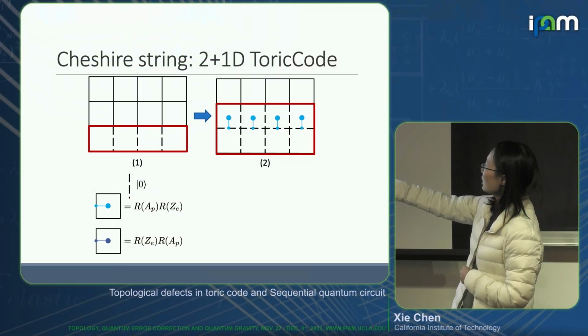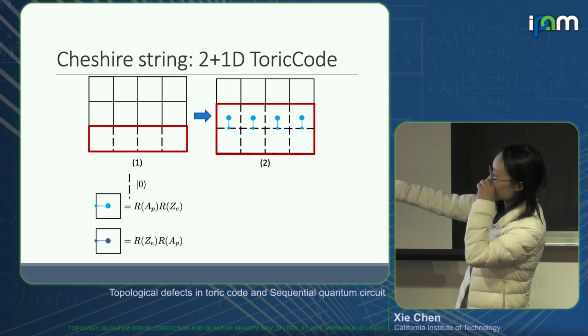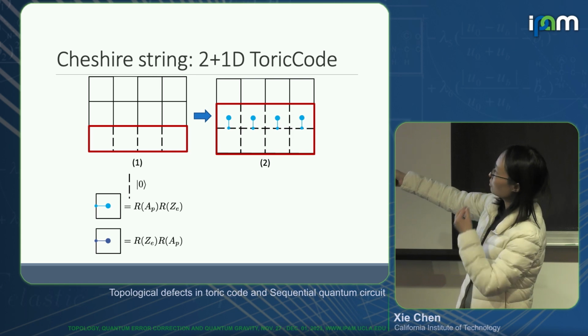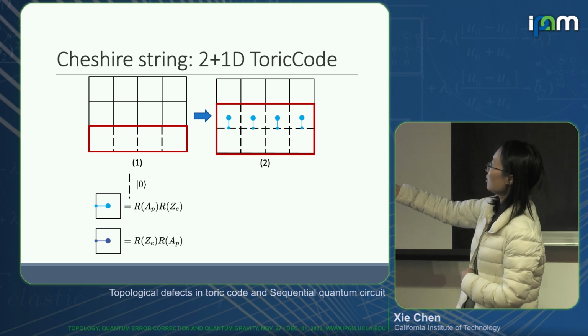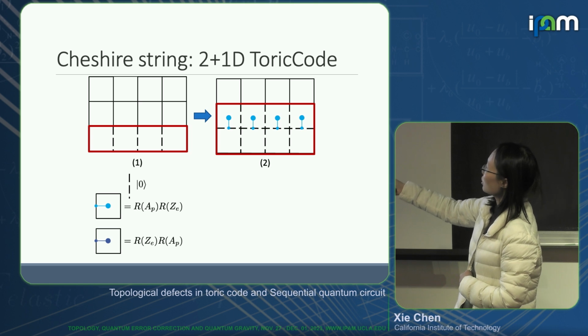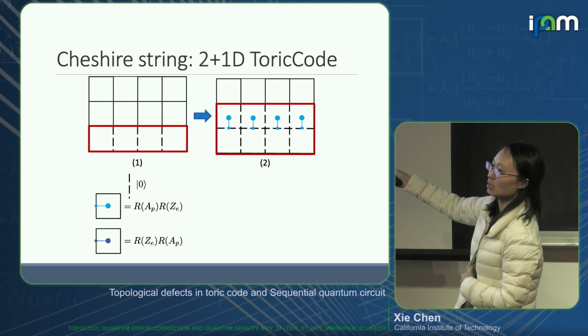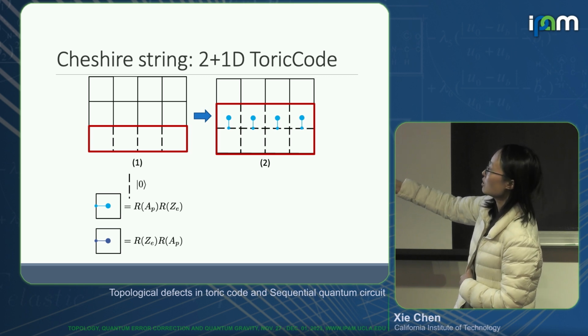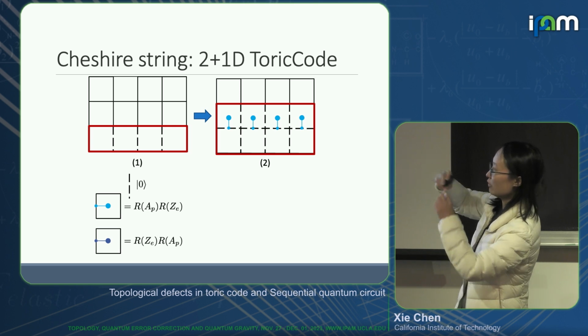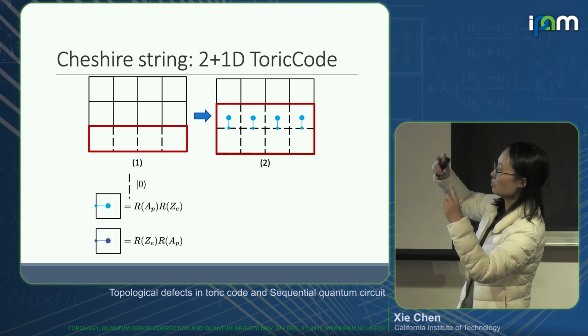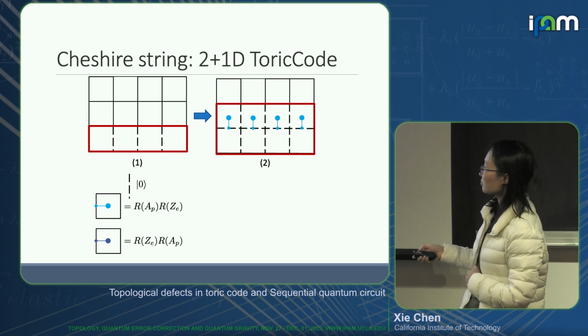Okay. So in particular here, if we already have a Cheshire string like this, and I want to make it thicker, I can use the same gate set, but now they're all parallel to each other. And when they're parallel to each other, all these gate sets commute with each other, so we can apply them in the same step. So this is actually a one-step circuit. With a finite depth circuit, we can go from a very thin defect to a thicker defect.